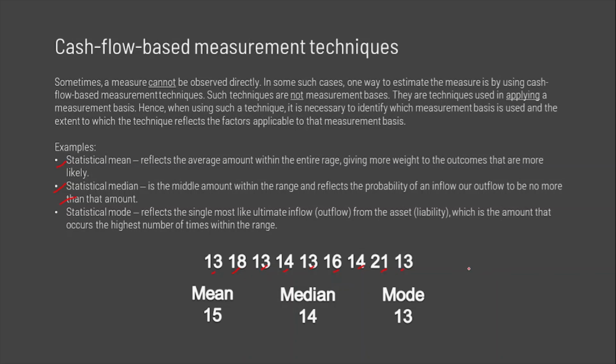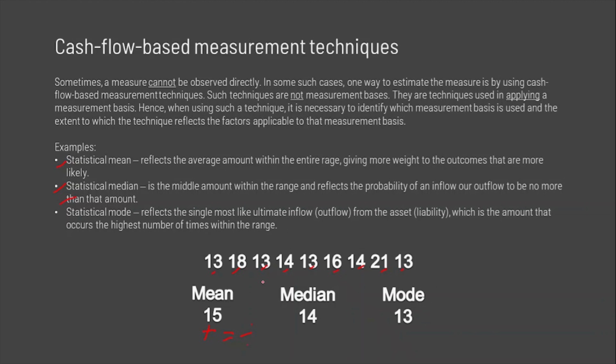Let's get the statistical mean. Again, the statistical mean is the average. So we simply add all of the values, and then divide the sum by the number of values in the range.